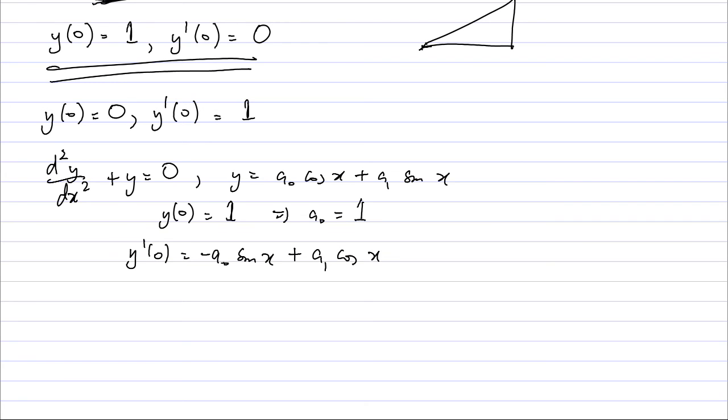Now a naught is 1, and sine of 0 is of course 0, so this whole term goes away. We put x equal to 0, so cosine is 1, and this has to be equal to 0. This implies that a1 is equal to 0. So with these boundary conditions, the solution to the differential equation is simply cosine of x, as we claimed.